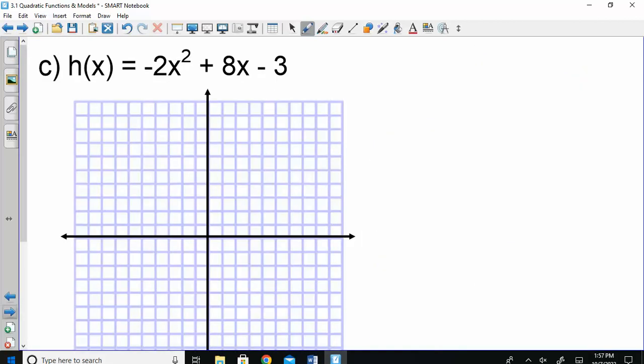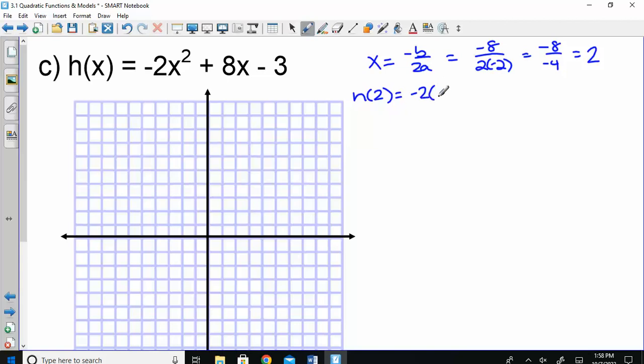Okay, let's do C, and then we're going to stop. Does this one open up or down? Down. So would I have a maximum or a minimum? Maximum. If it opens down, you'd have a high point. Okay, so vertex. We do the opposite of b over 2a. So the opposite of 8 over 2 times -2. So -8 over -4 is +2.